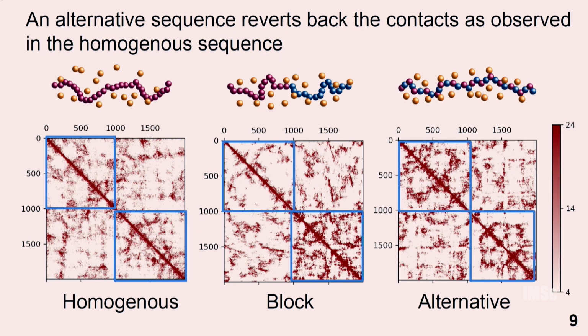You have homogeneous, block and alternating. Do you have a parameter which will tell you that this particular interaction matrix is homogeneous or block? How do we know that this one is closer to experiment and not this one? Is this the question, how do you differentiate between them? I haven't shown you the quantitative metric that one can extract from these maps.